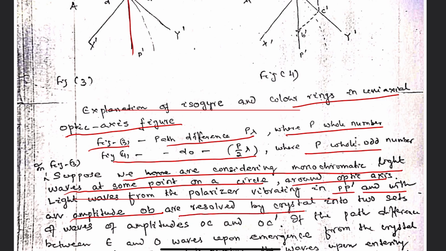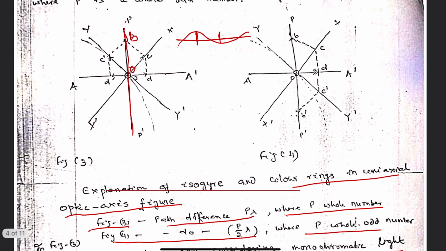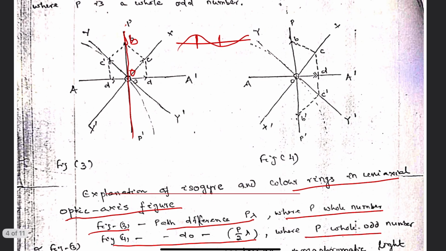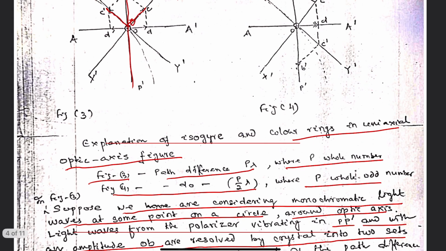This is resolved by the crystal into two sets of waves of amplitude OC and OC dash. This OB is broken into OC and OC dash through double refraction along the vibration direction of the mineral section.